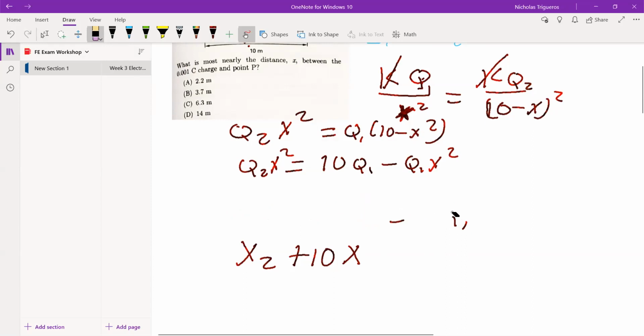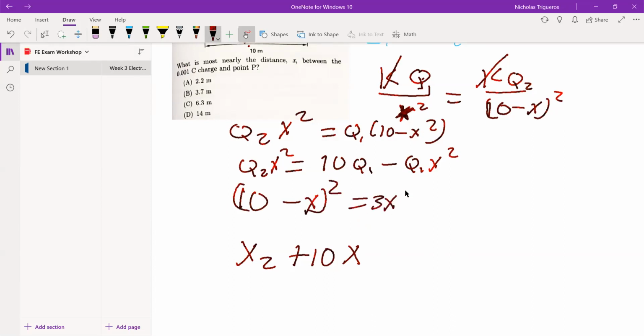This is going to be 10 minus X total squared equals 3X squared, because it's going to be Q2 divided by Q1. And then if we FOIL that out, we'll get X squared plus 10X minus 50 equals 0.